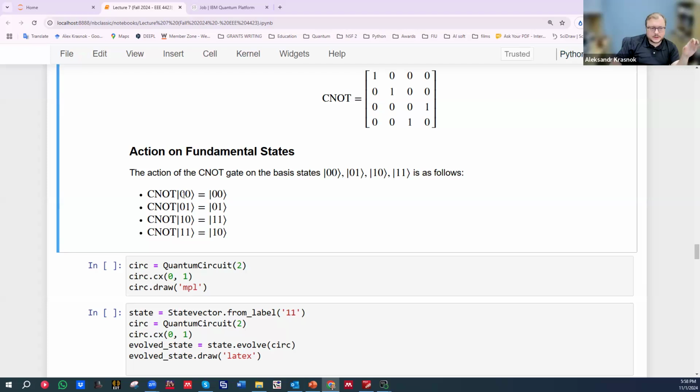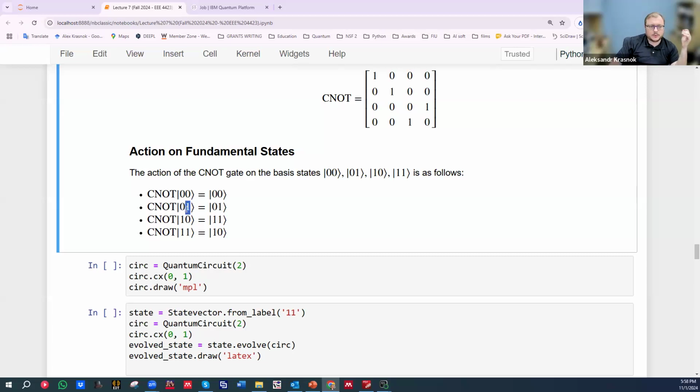In classical notation, the first qubit, the leftmost, is the control, and the second is the target. So I apply my CNOT to this one. I see that my control is 0, then my target is 0, so it doesn't change.